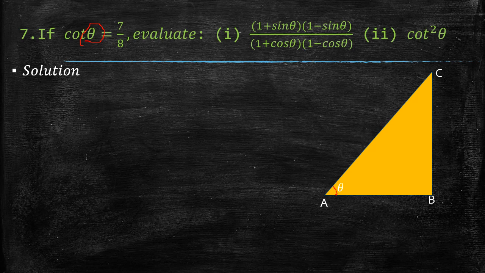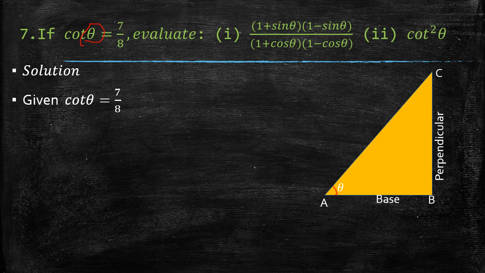Just as we suppose x, y, z in algebra, here in trigonometry we suppose angles as theta. So the base angle is theta, our base will be AB, perpendicular will be BC and hypotenuse is AC, as all of you know.